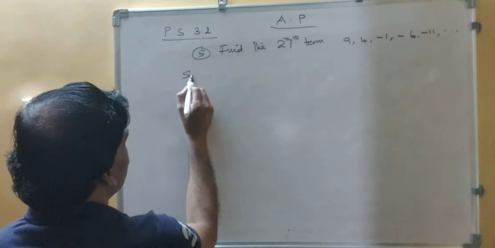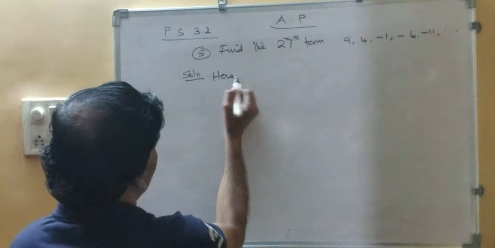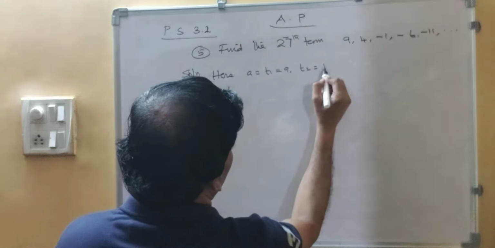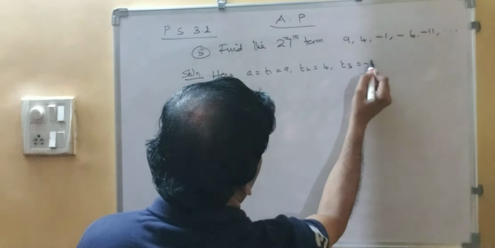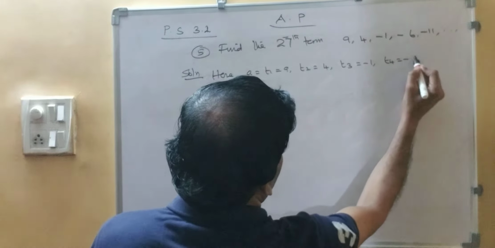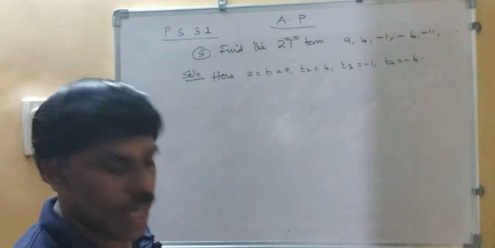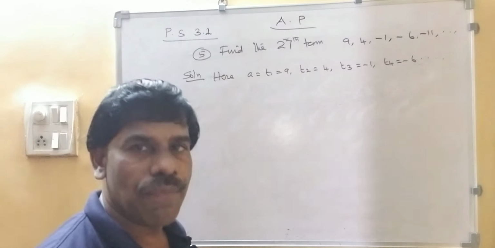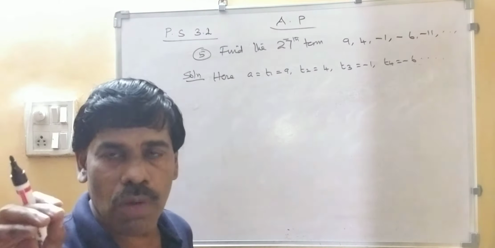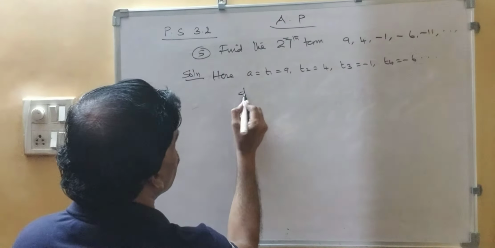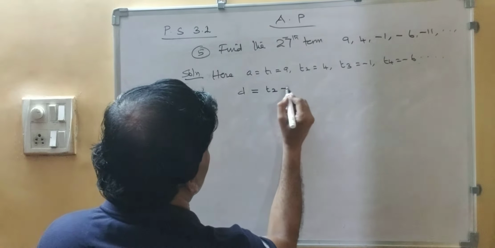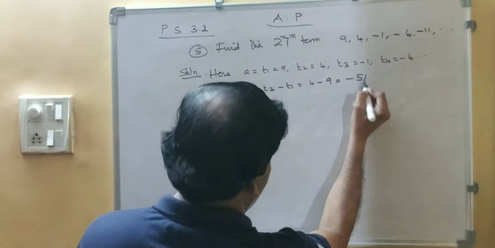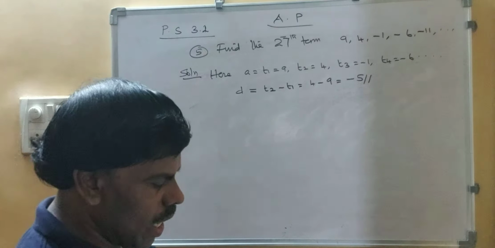Now here A equal to T1 equal to 9, T2 equal to 4, T3 equal to minus 1, T4 equal to minus 6, etc. But here they are telling this is the terms of the AP. That means the difference between any two consecutive terms is always constant. So we need to find out only one, T2 minus T1. So 4 minus 9 equal to minus 5. It is very important. Minus 5.